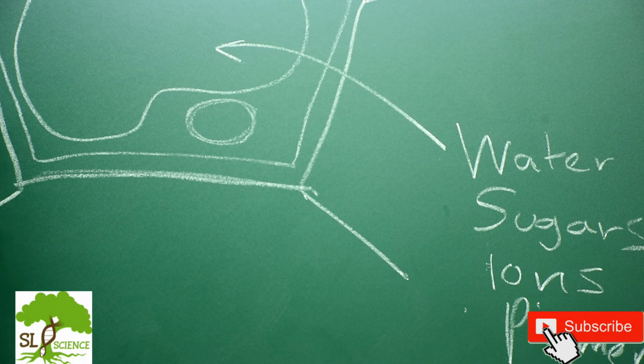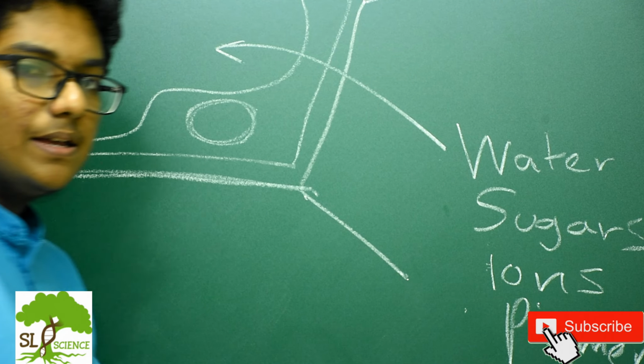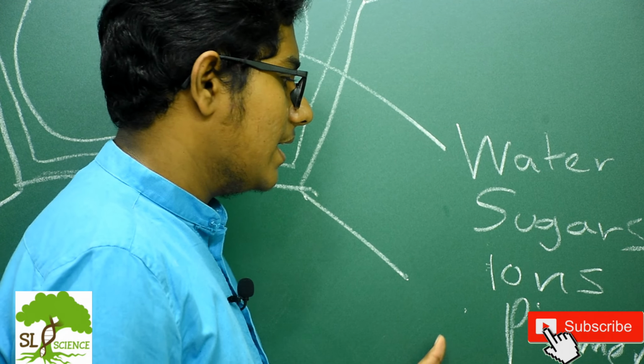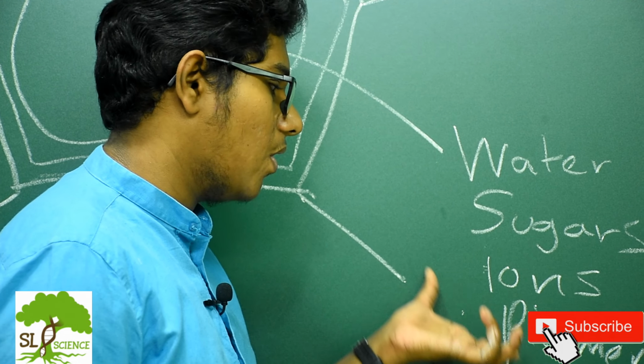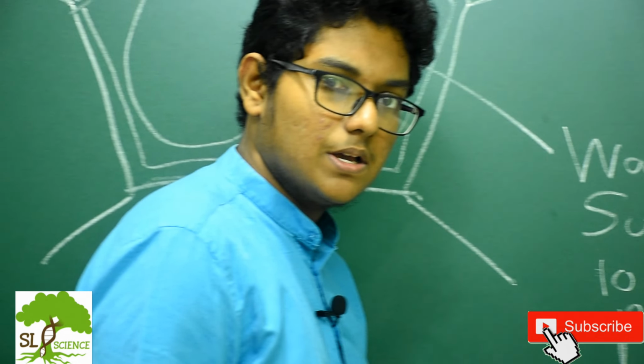Pigments are coloring agents inside the cell. Inside the vacuole we can see water, sugars, ions and pigments.